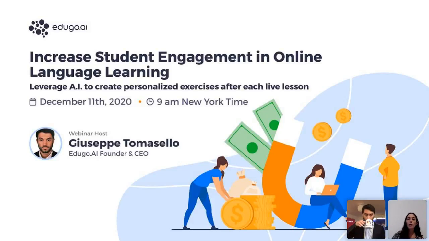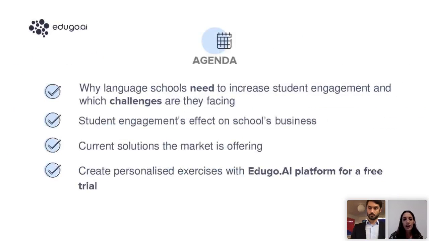Today, as I already anticipated, we are going to talk about one of the hottest topics in language education in recent times: how to increase student engagement in online language learning. Specifically, we are going to understand why language schools need to increase student engagement and which challenges they are currently facing.